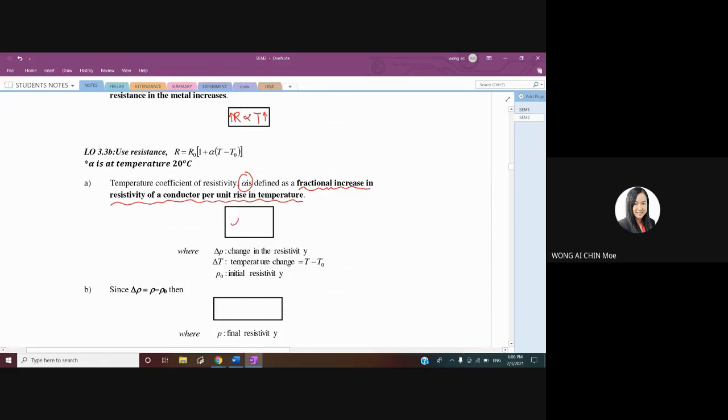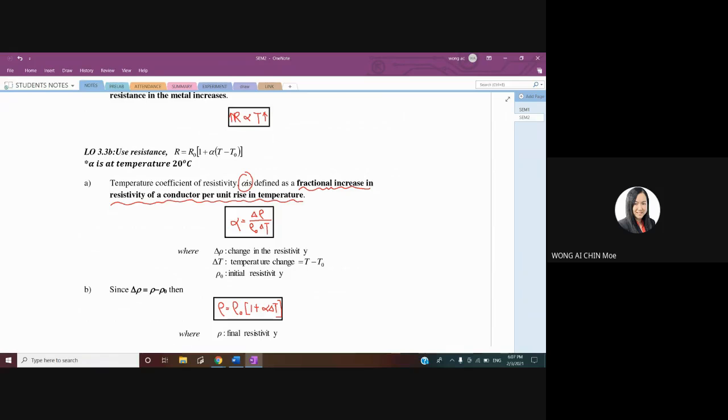So we can write alpha equals change of resistivity over initial resistivity times change of temperature. Or we can write it as resistivity rho equals initial resistivity rho naught times 1 plus alpha delta T. So this is the equation for resistivity.